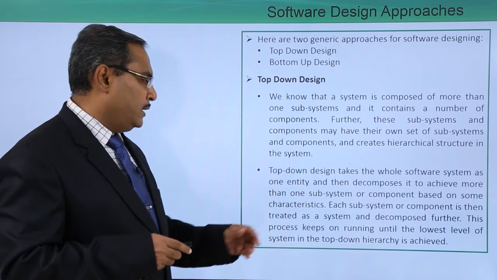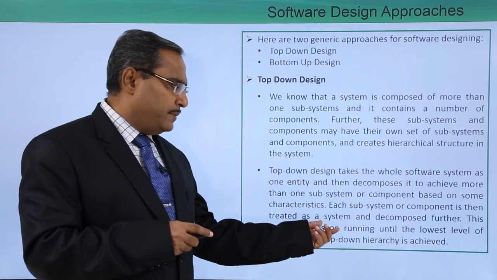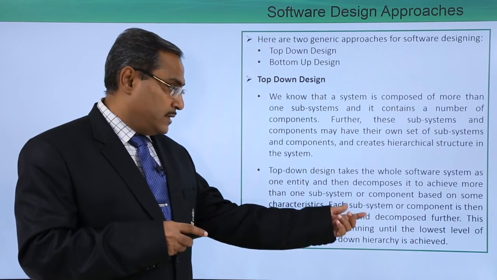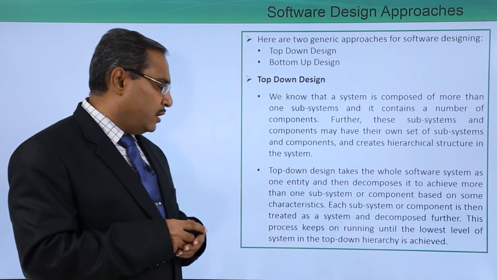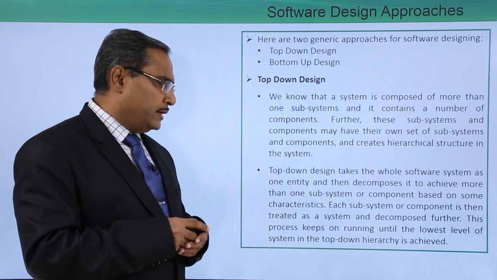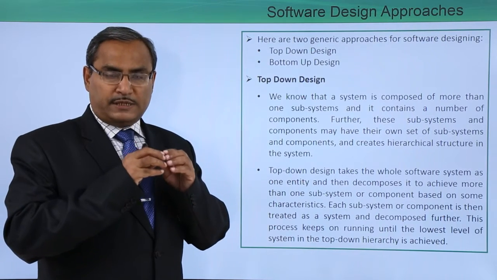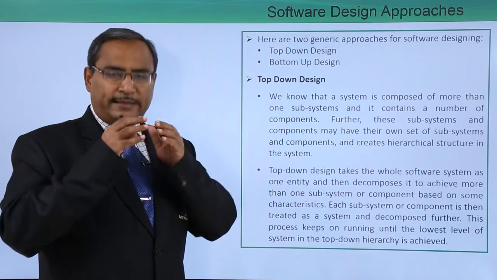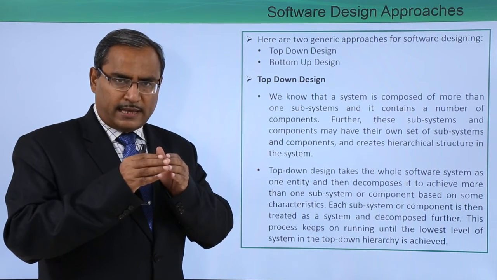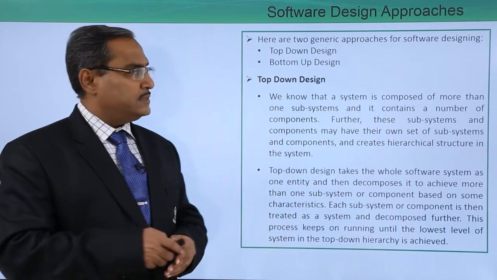Each subsystem and component is then treated as a system and decomposed further, and this process keeps running until the lowest level of the hierarchy is achieved. That means each subsystem you get as a leaf at that level is also treated individually as a system and goes for further bifurcations.